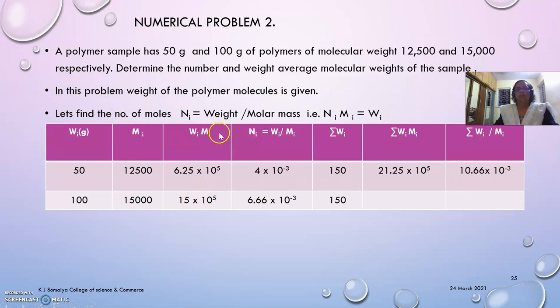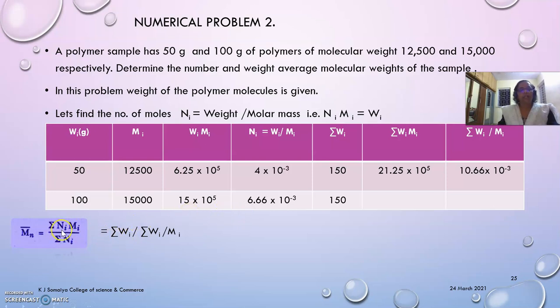Okay, now with all these calculations, it is very easy to substitute in the formula for Mn bar. So Mn bar is summation Ni Mi upon summation of Ni. Since the weight of the sample is mentioned, we will transform this formula in terms of weights.